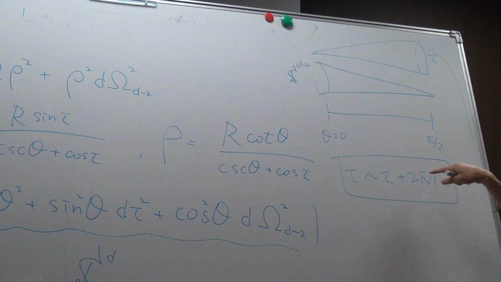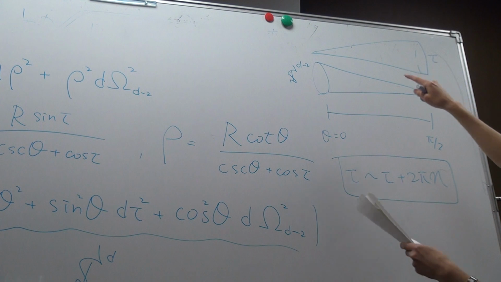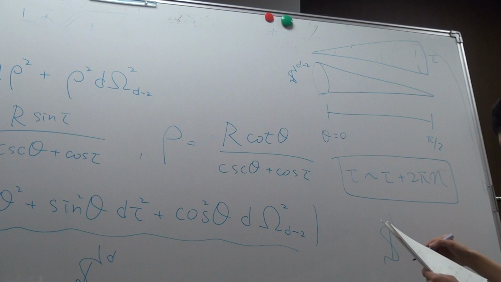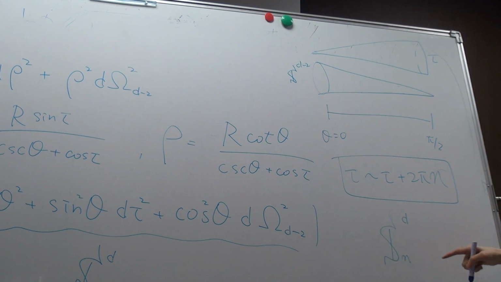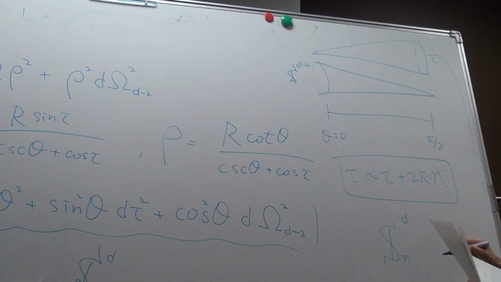You multiply n here. This is pretty easy. And I will call this manifold, or this sphere, the n-covering sphere. I will denote it by S^D_n, and I change the symbol to distinguish it from the original one.